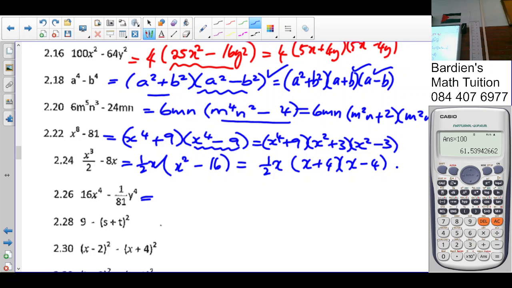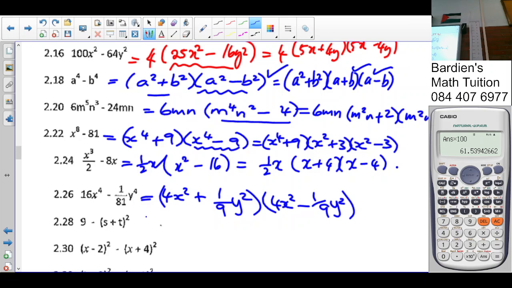What's the square root of 16x squared? 4x. So it'll be 4x squared plus square root of 1. It's 1. What's the square root of 81? 9. You see square root of 1 is 1? Square root of 81 is 9. y squared. So it's going to be 4x squared minus 1 over 9y squared.